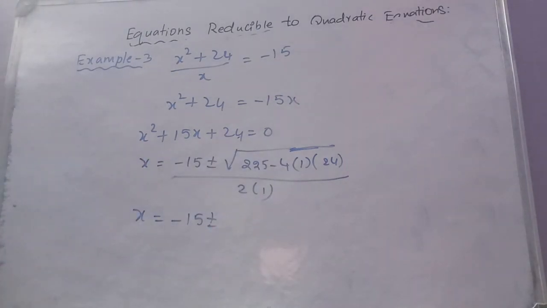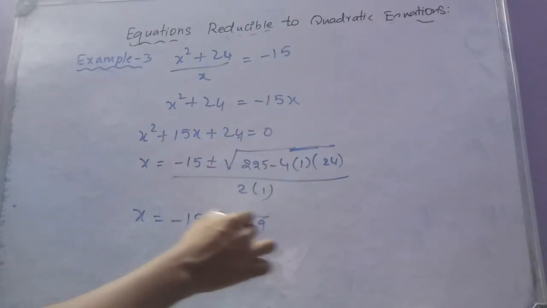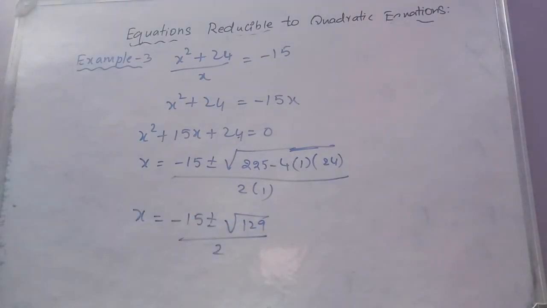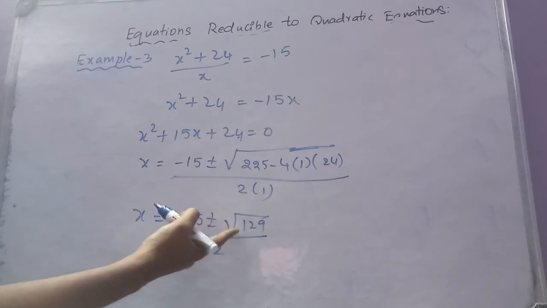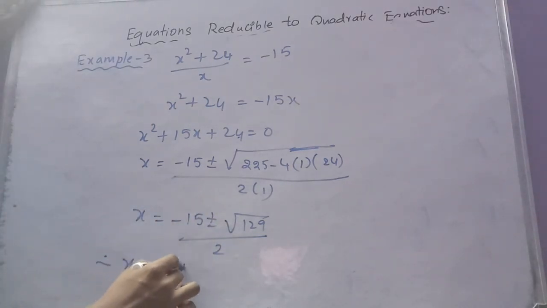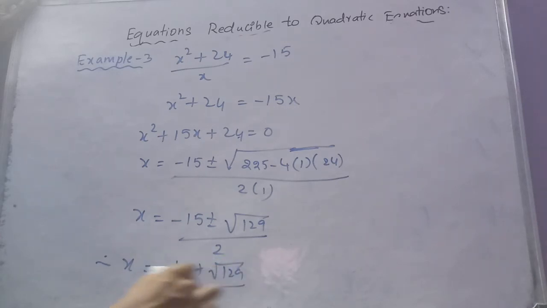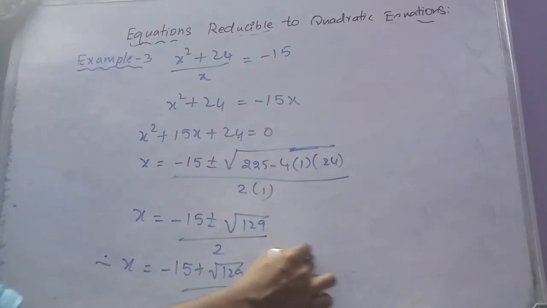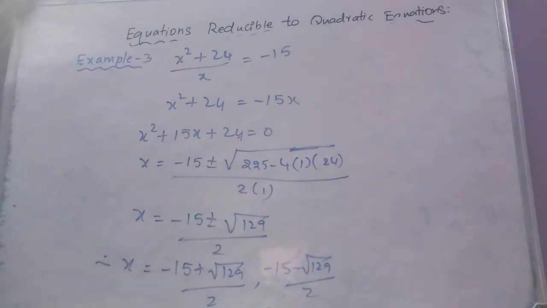What is 225 minus 96? You'll get 129. So I got the two values of x. One is (−15 + √129)/2, and another is (−15 − √129)/2. These are the two values.